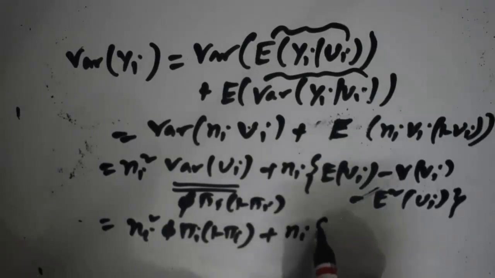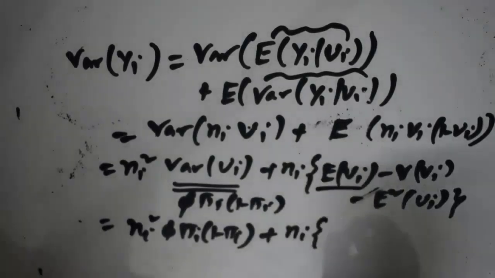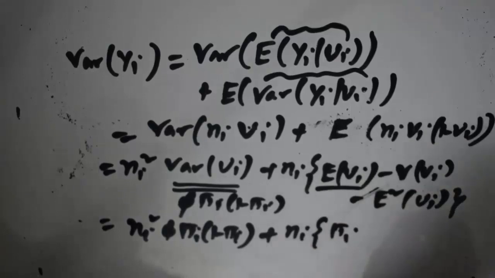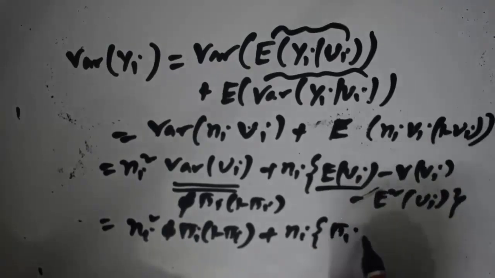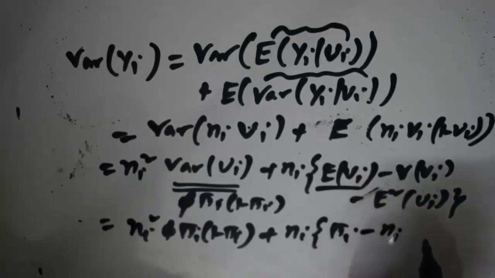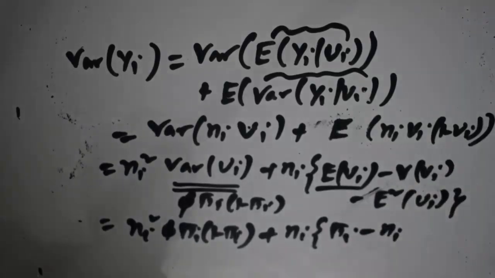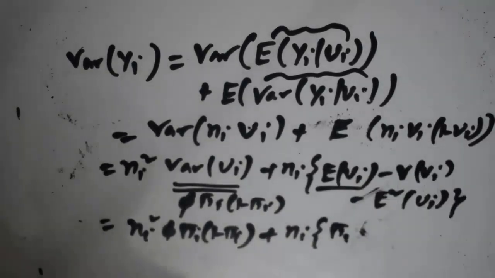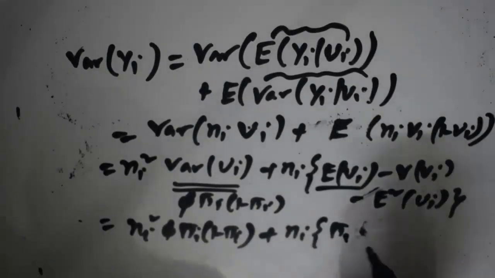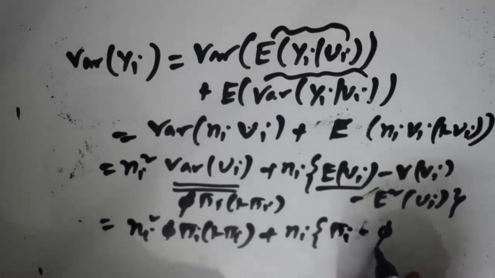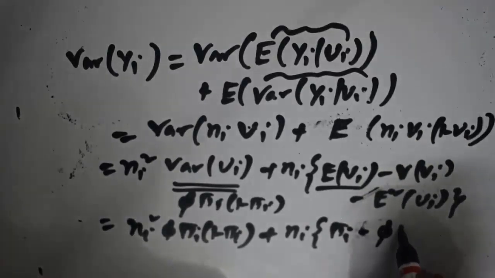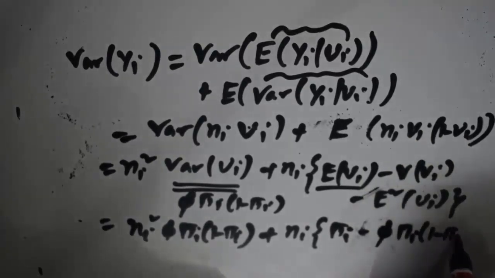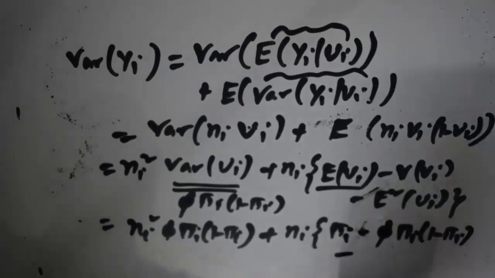Similarly, this is Ni times the expectation of Vi, which is pi i, minus the variance of Vi, which is phi pi i into 1 minus pi i, minus pi i square.